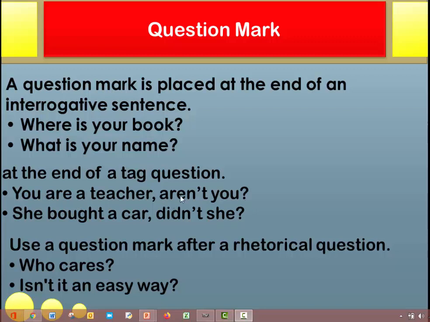So these we call tag questions. Another: she bought a car, didn't she? Use a question mark after a rhetorical question too. Who cares? Isn't it an easy way? These we call rhetorical questions.